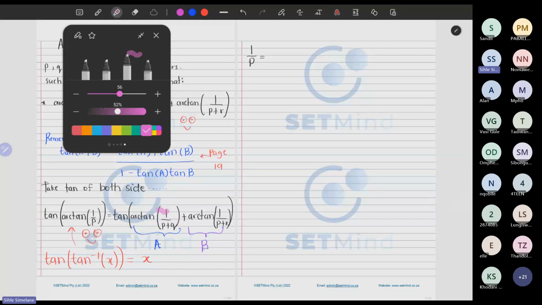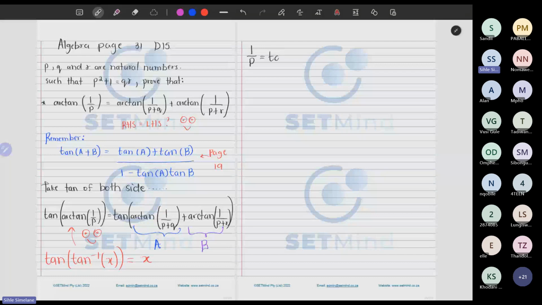So I can clearly see that what I will end up having using that formula will be the tan of A plus B, where my A is simply the arctan of 1 over P plus Q, plus tan of the arctan of 1 over P plus R, close the bracket, and then all divided by 1 minus the product of this.